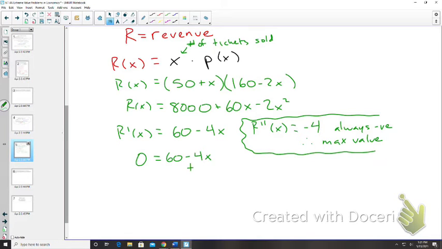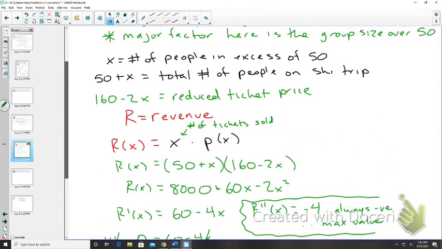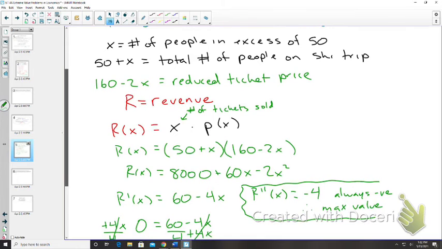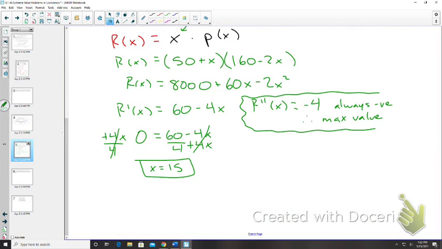And solve for x, so add 4x to both sides. Divide by 4. X is equal to 15. Okay, so what is x? X equals 15. So what? Well, we said x is going to be the number of people in excess of 50, and the total number of people on the ski trip will be 50 plus x.